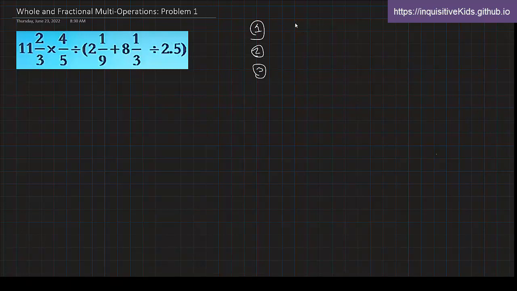Okay, so we first have parentheses. Those are the bracket thingies. We always do those parentheses first. This is what it looks like. And then we do the exponents. Exponents will not be showing up in any of these problems, but I expect you know what exponents are, like 2 to the 4th power.